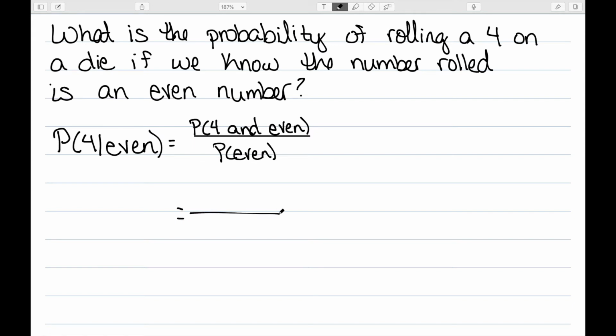Well, on a die, there's only one number that's both 4 and even out of 6 sides. And there are 3 sides that are even out of a total of 6 sides. So this is 1 over 6 times 6 over 3, or 1/3. So this probability would be 1/3.